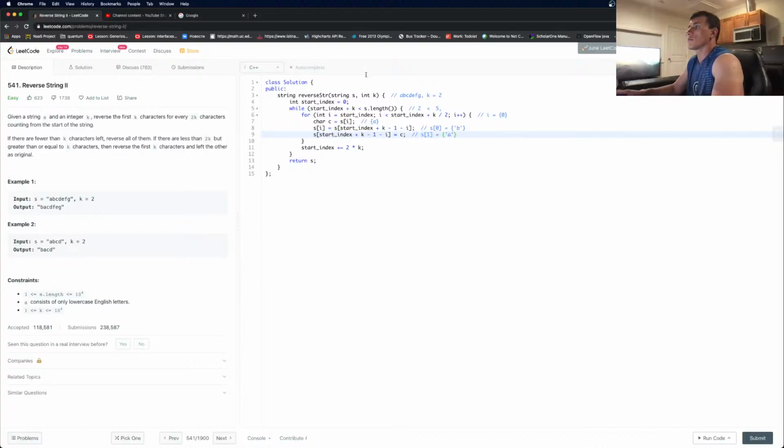So we swap these two elements, basically, which is the correct thing to do. So now we have start index of 0 plus 4, which is 4. So 4 is still less than 5, so we enter a second time, right?